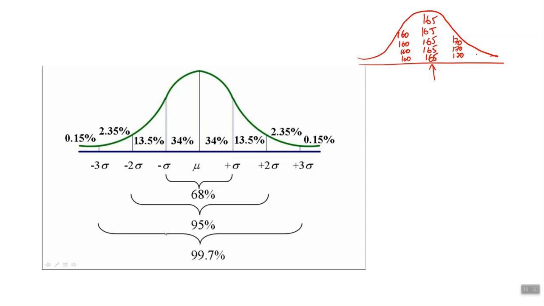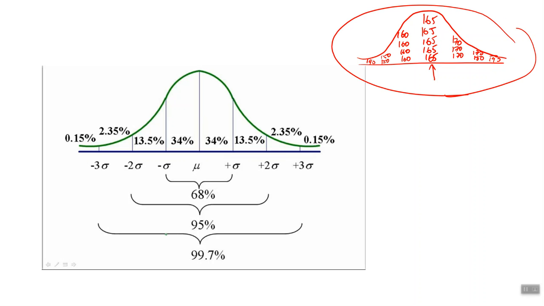What's even more uncommon might be 180, because there's fewer girls that are 180, and 150 over here. And obviously very uncommon might be 190, and 140. This distribution is known as a normal distribution, or a bell curve.